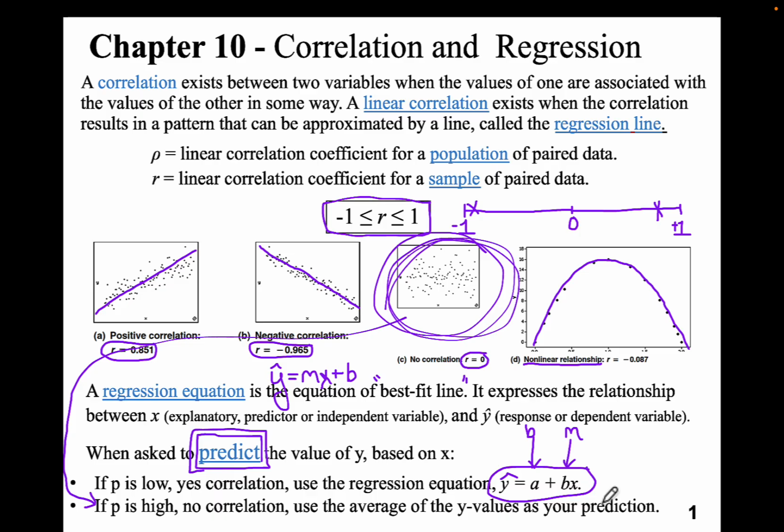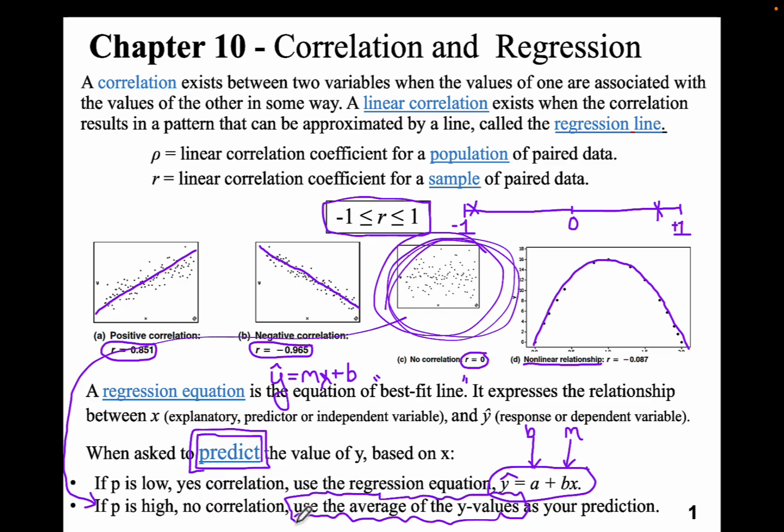There's no equation of a best fit line here. So we wouldn't want to plug x into an equation and use that to output some predicted y value. So instead, if there's no correlation, we use the average of the y values as our prediction.